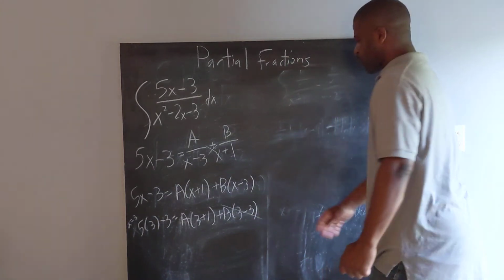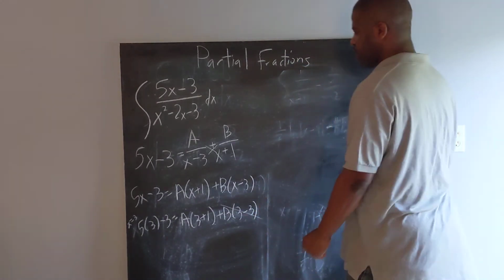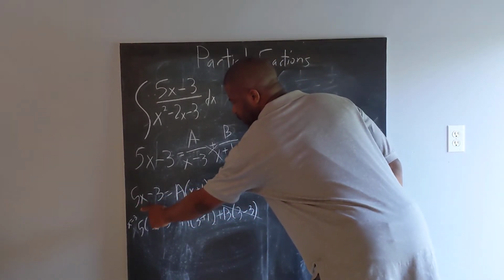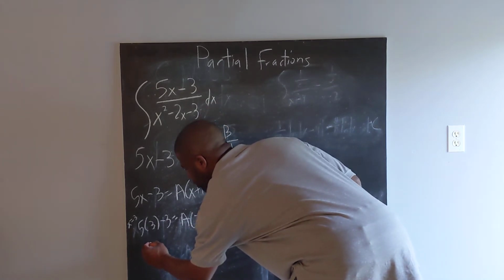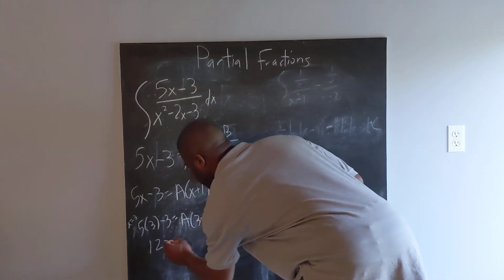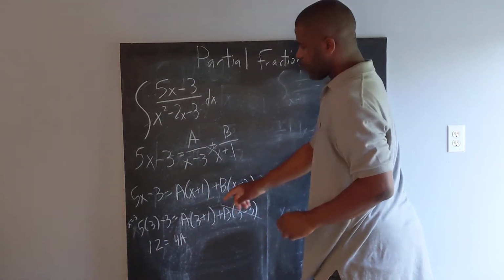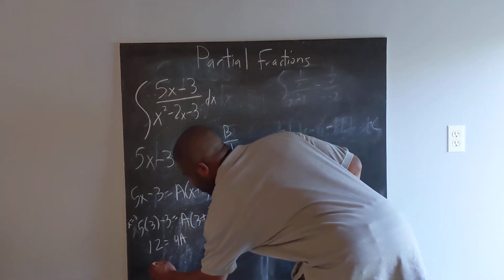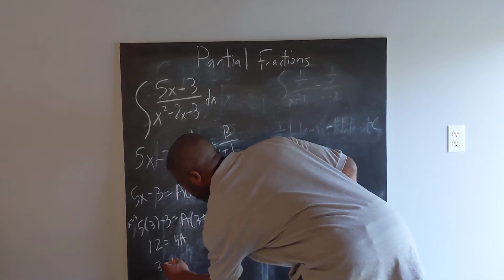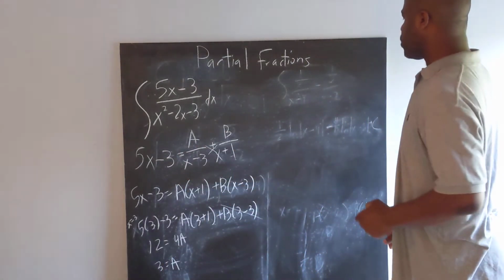This is going to cancel. 3 minus 3 is 0, of course. 5 times 3 is 15 minus 3 is 12 is equal to 4a. And if 12 is equal to 4a, we know that a is equal to 3.